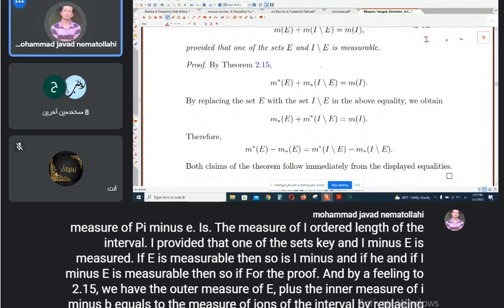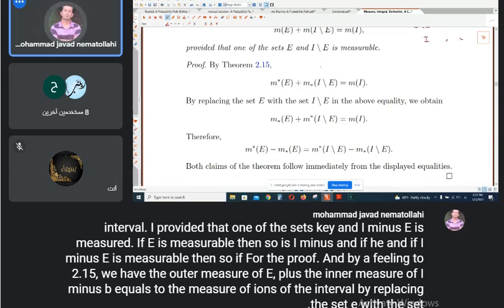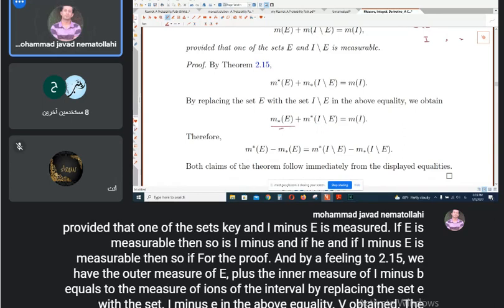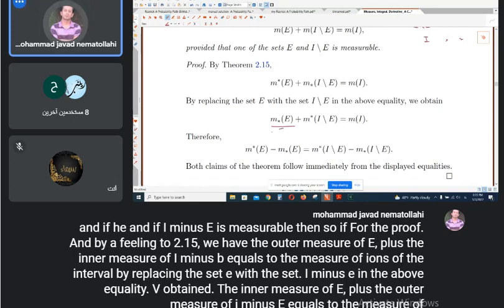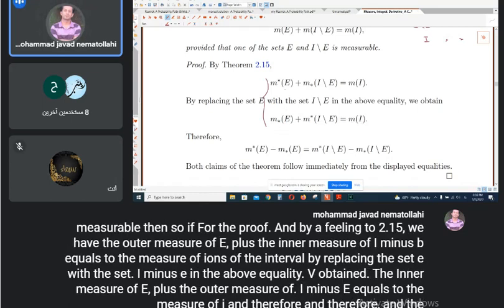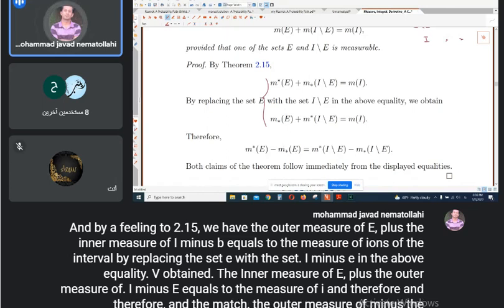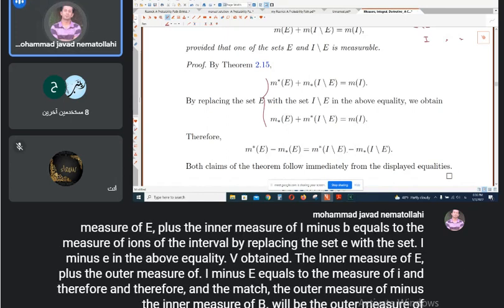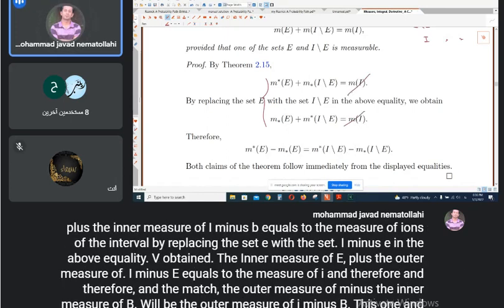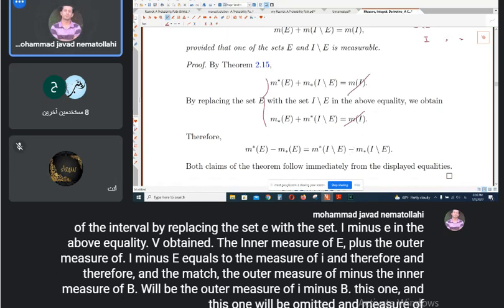By replacing the set E with the set I minus E in the above equality, we obtain the inner measure of E plus the outer measure of I minus E equals the measure of I, and therefore the outer measure of E minus the inner measure of E will be the outer measure of I minus E minus the inner measure of I minus E. This one and this one will be omitted.